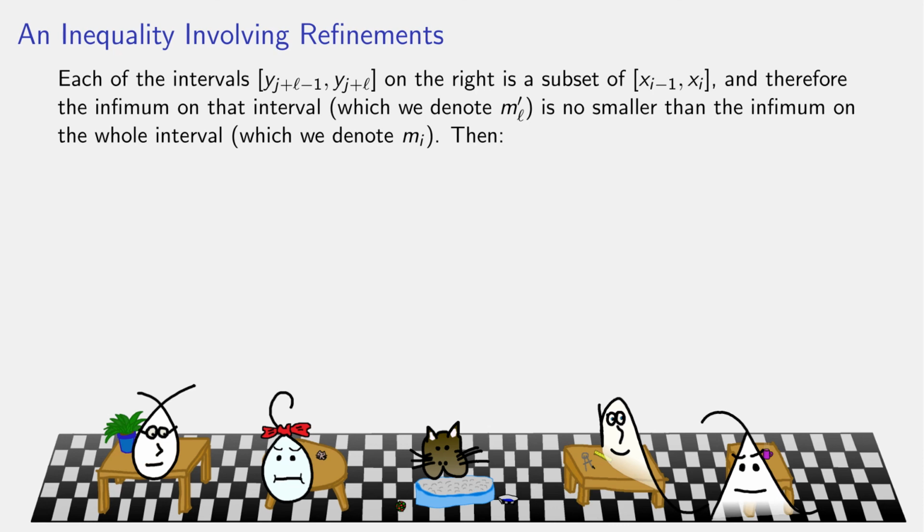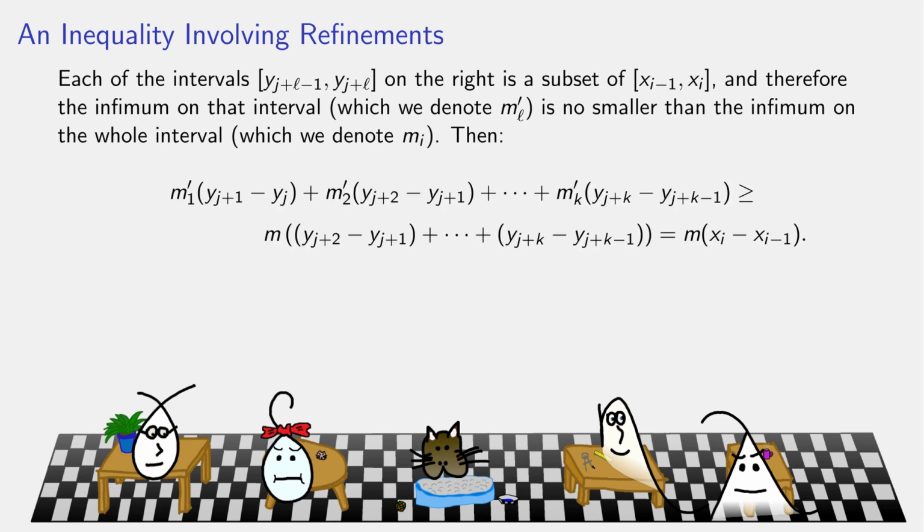So the infimum of a function on a small interval is bigger than or equal to the infimum of a function on an interval containing that one. Okay, so that gives us that our new infimums are bigger than or equal to the old infimum chosen every time. That this little infimum on one small piece is bigger than or equal to the infimum overall.